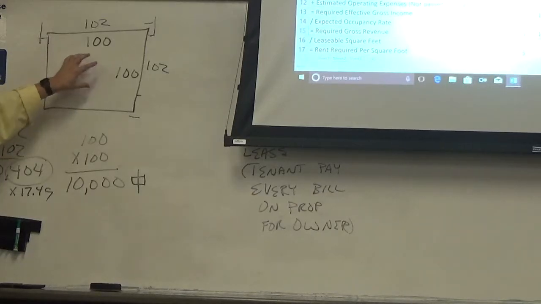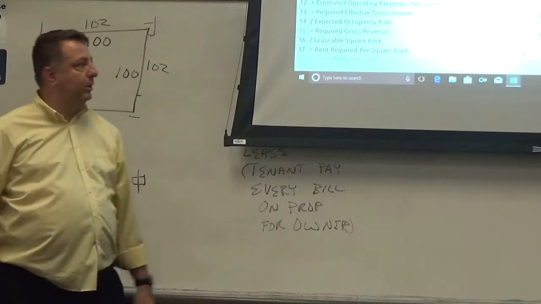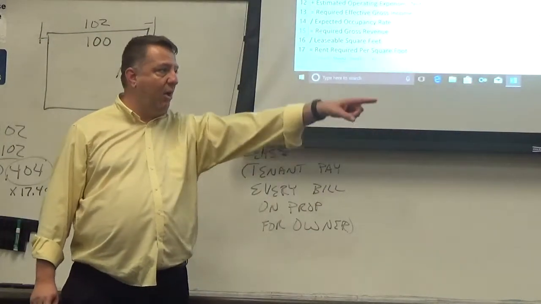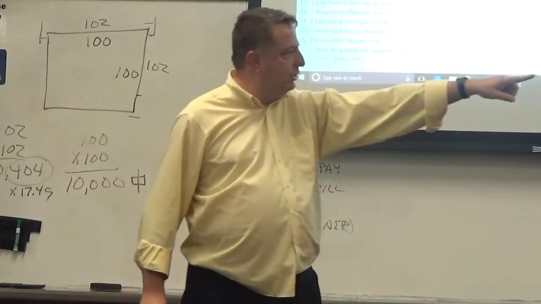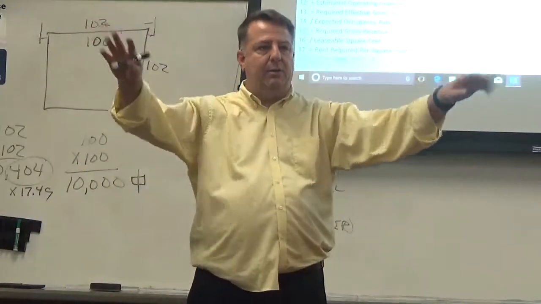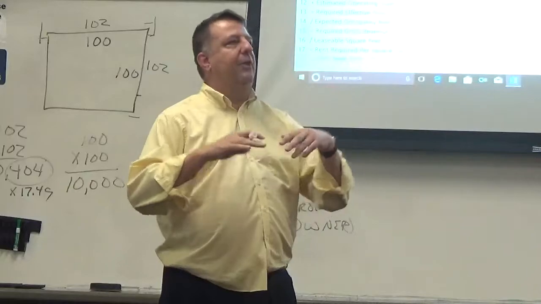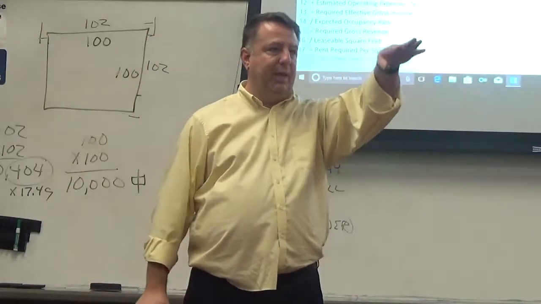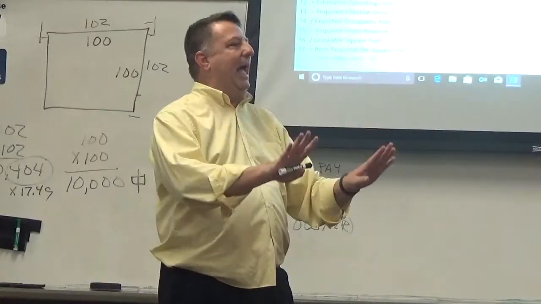Now, this was a super, super simple example. Never is it this simple, because look at this room. Calculate the square footage of this room. You've got all sorts of indentations and everything else, so if you were really calculating the precise dimensions of this room, you've got all sorts of geometry you're going to have to figure out if you're really going to be accurate.